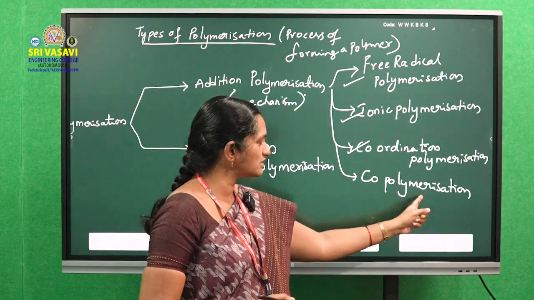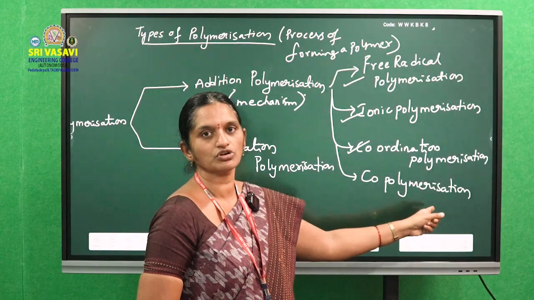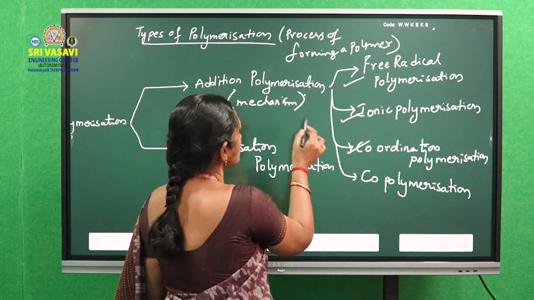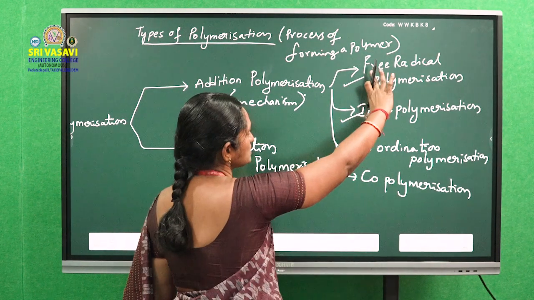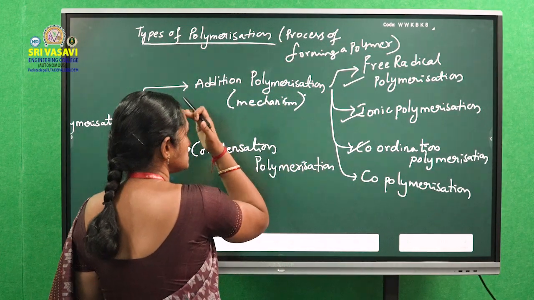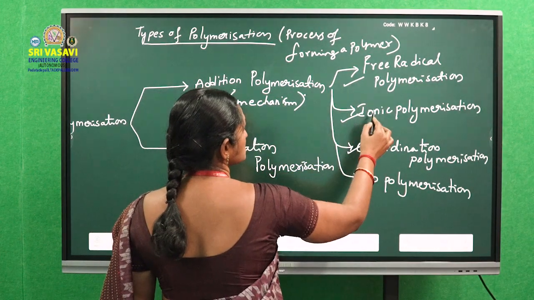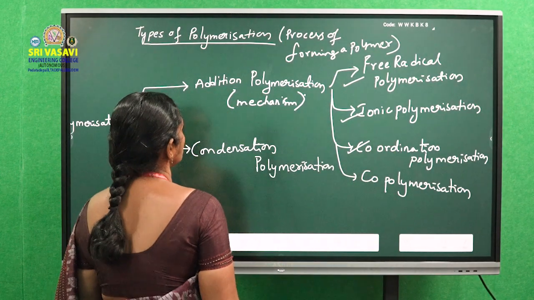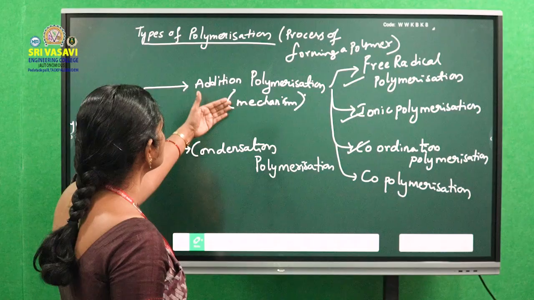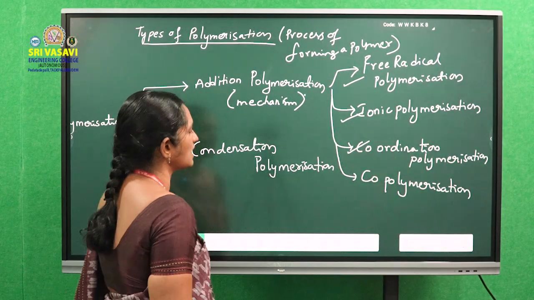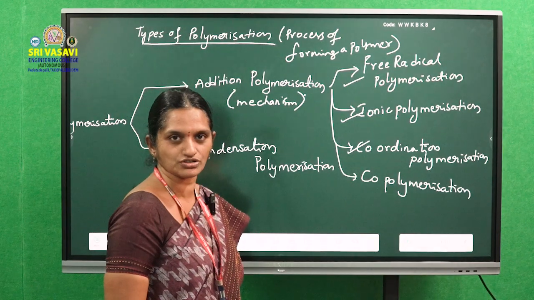We'll discuss co-polymerization when we talk about elastomers. Today's class will talk especially about these three types, depending upon the mechanism: free radical, ionic and coordination polymerization.